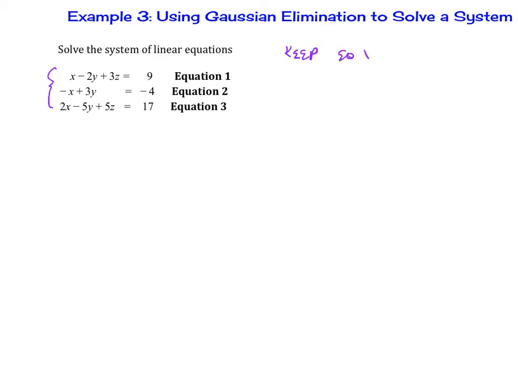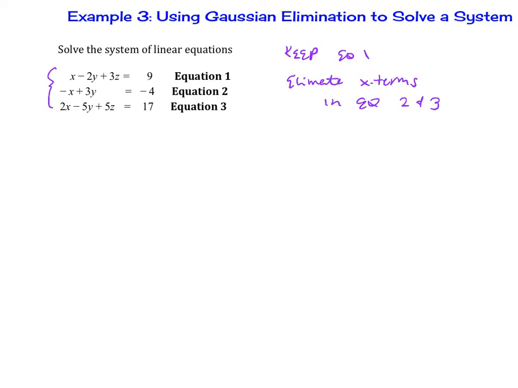Our first step is to eliminate the other x terms in equations 2 and 3.